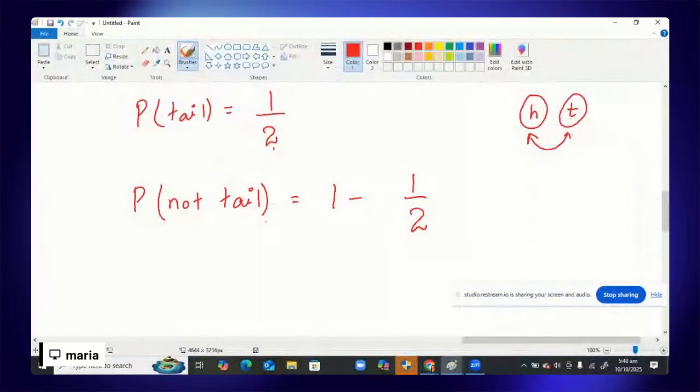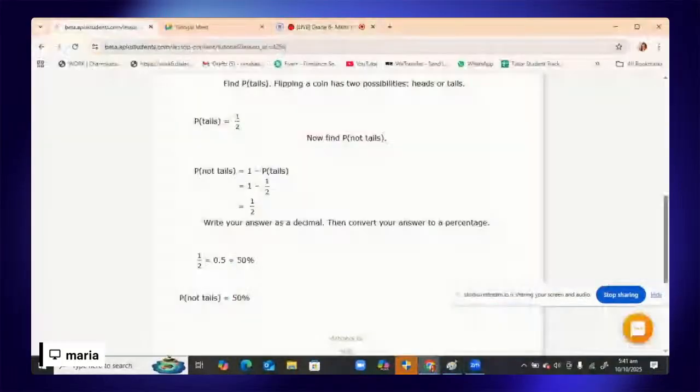So we subtract. I am subtracting and we just get our answer. Okay. So when we subtract 1 by 2, the answer is 1 by 2.